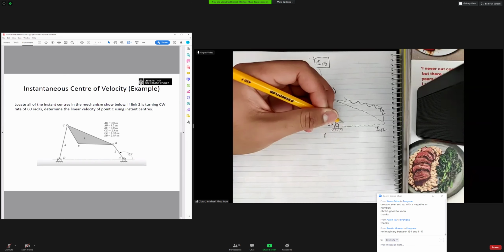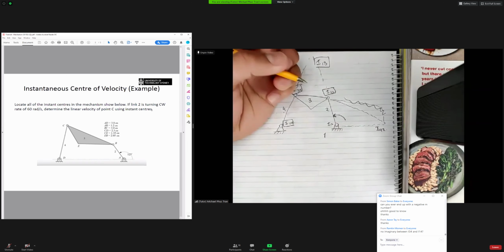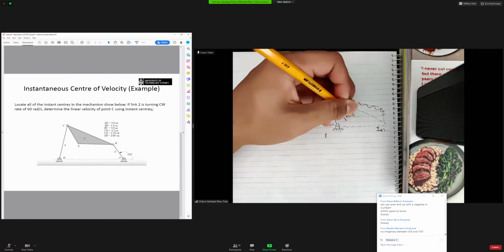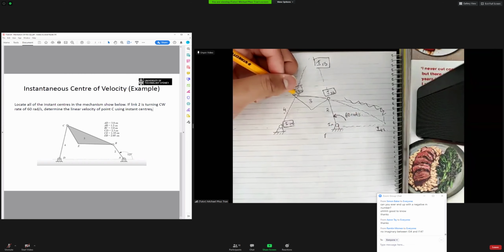So the question asks if this is rotating at 60 radians per second, how fast is this going to be moving? VI34.